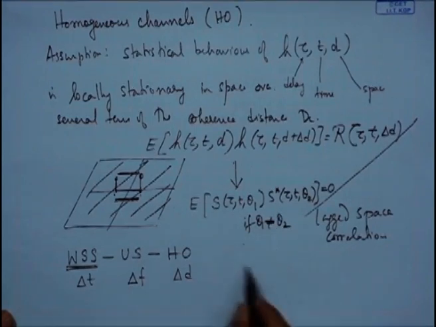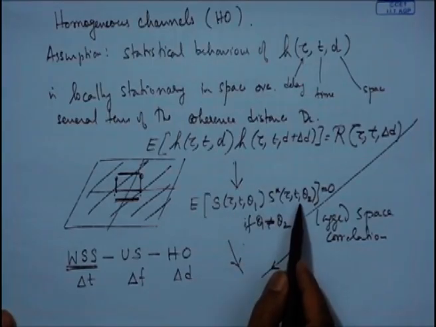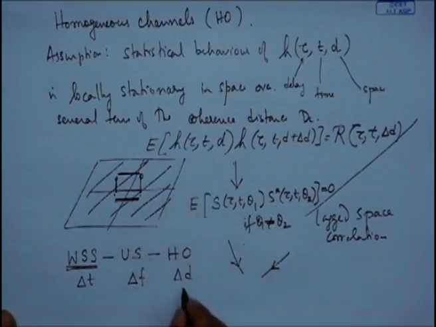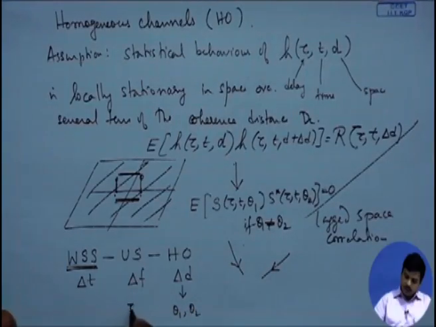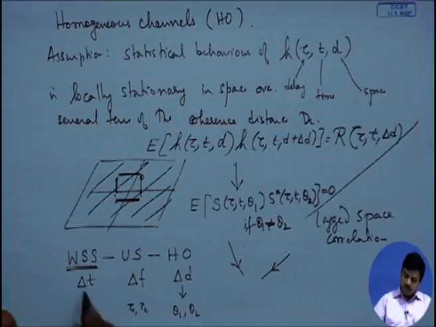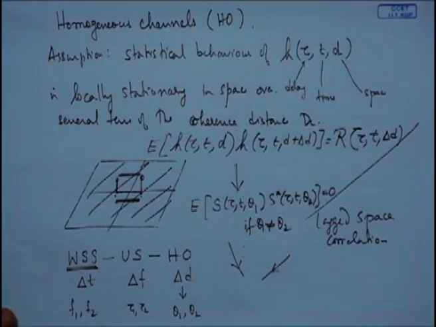So, that means signals coming from two different directions are uncorrelated. Signals at tau 1 and tau 2 are uncorrelated, and signals at two different Doppler frequencies are uncorrelated. That is what the dual description of wide sense stationarity, uncorrelated scattering and homogeneous channels gives rise to.